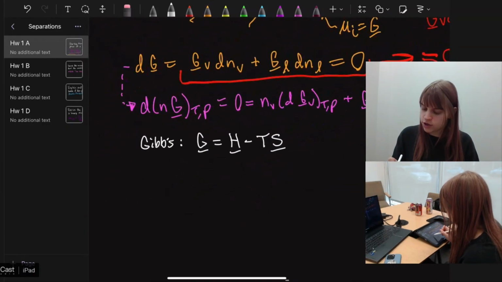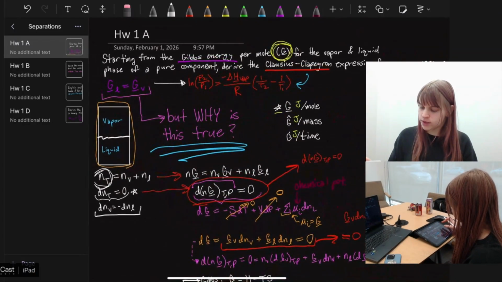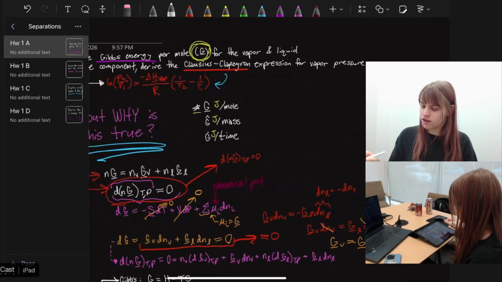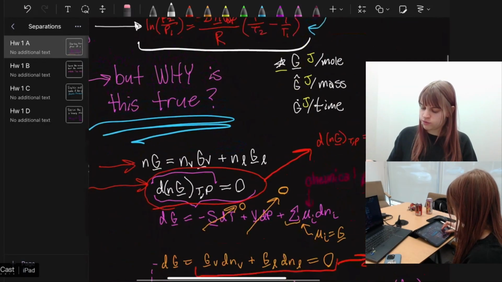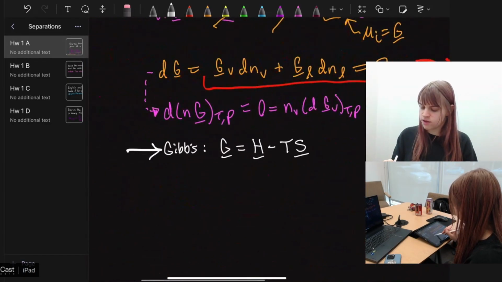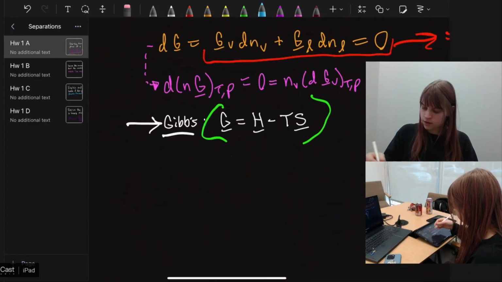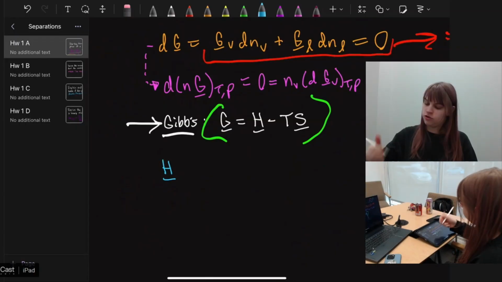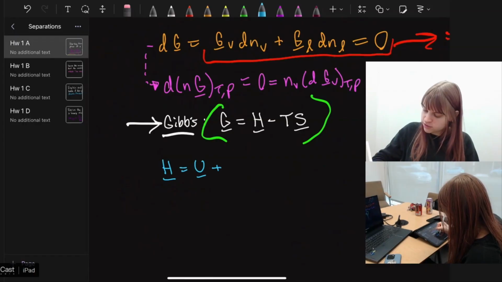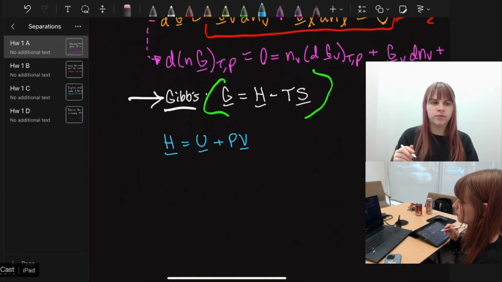What we're doing right here is our question from the beginning. We want to derive the Clausius-Clapeyron expression for vapor pressure, which is right here. So we're going to want to express this Gibbs free energy in some other terms. We know H, the enthalpy, is equal to the internal energy plus pressure times volume, and that is work done on the system or from the system.